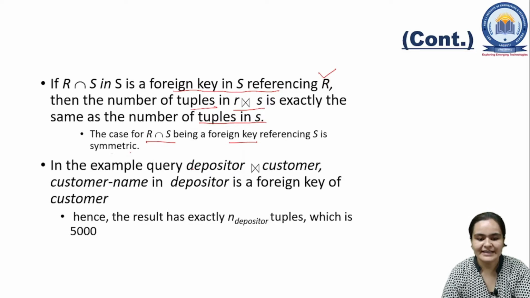So in this example, in the query depositor join customer, the customer name in depositor serves as a foreign key for customer. So the result is exactly the number of depositor tuples, which is 5,000.